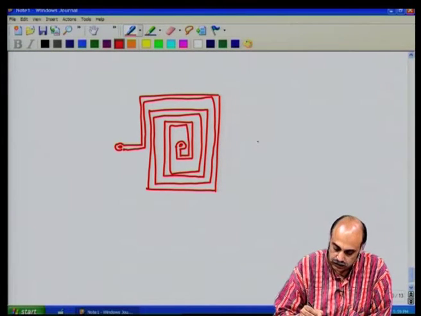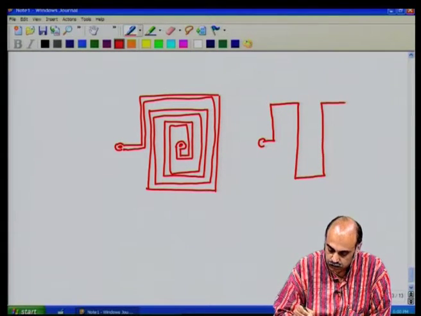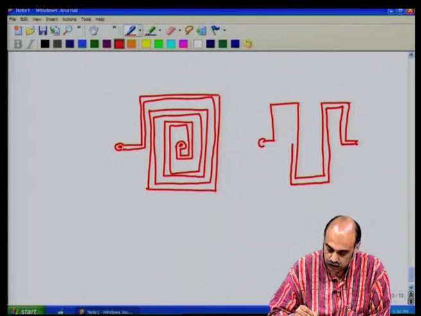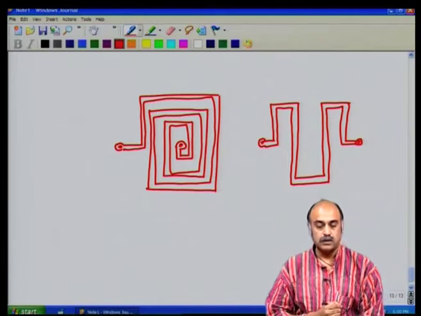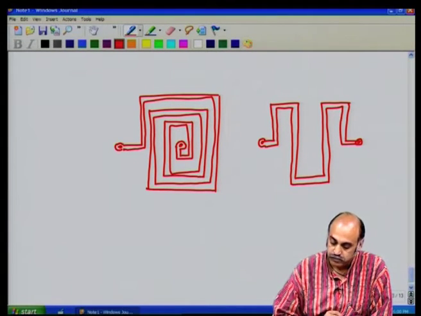I will just write it as a simple wave, like that. That is more like it. So, these can also be used as inductor structures.